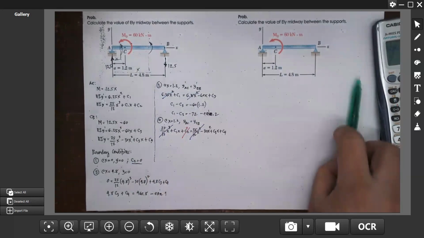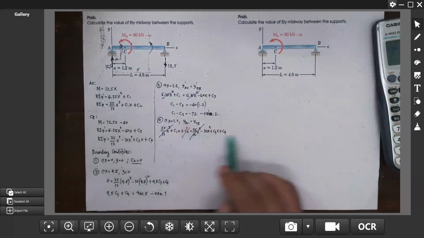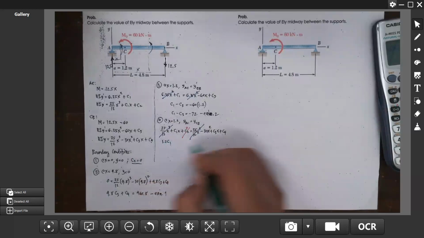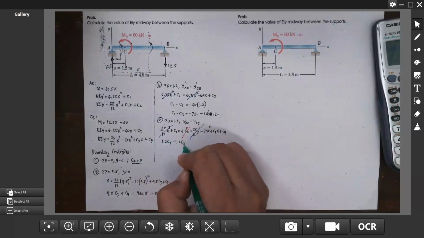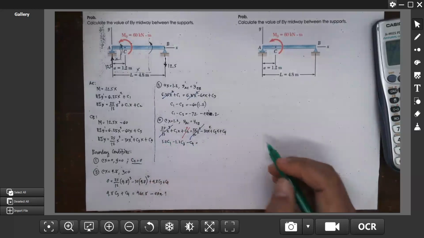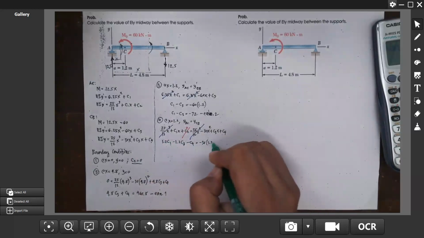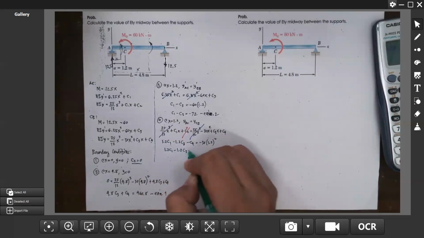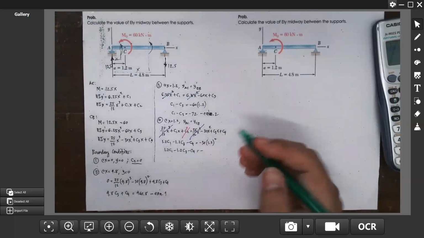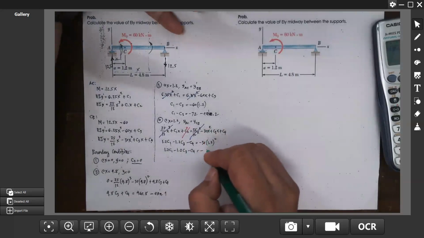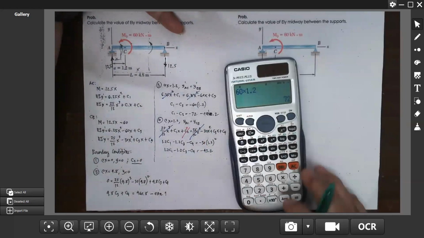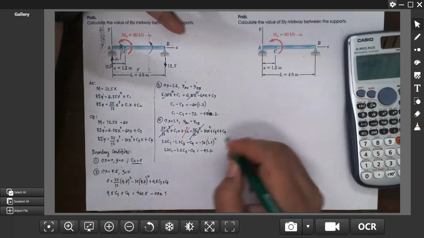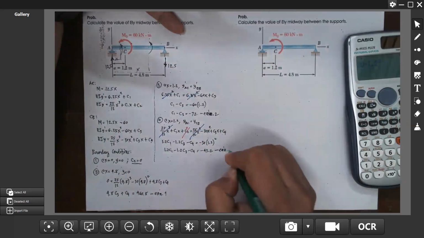And so let's transpose C3 and C4 sa left side: 1.2 C1 minus 1.2 C3 minus C4 equals negative 30 times 1.2 squared, that's 43.2. Okay. This is equation 3.